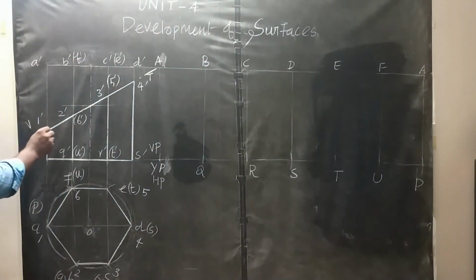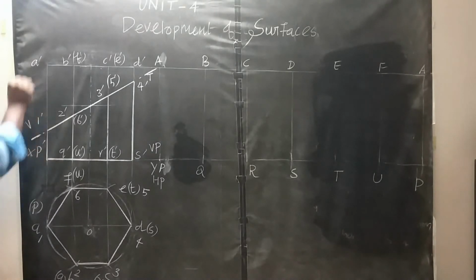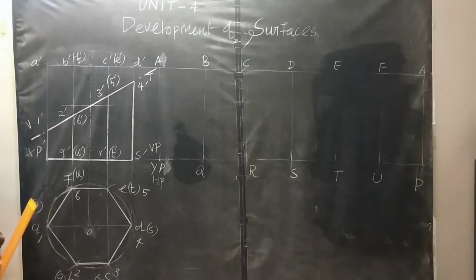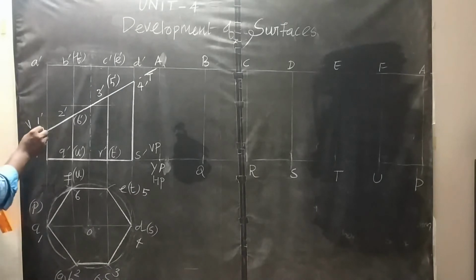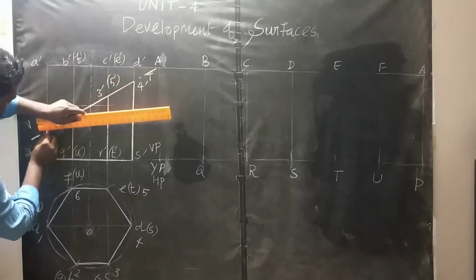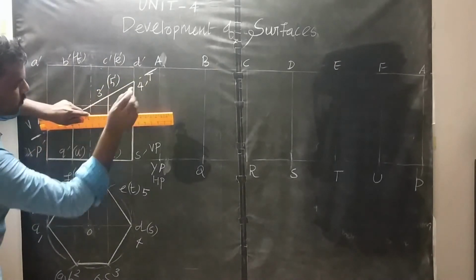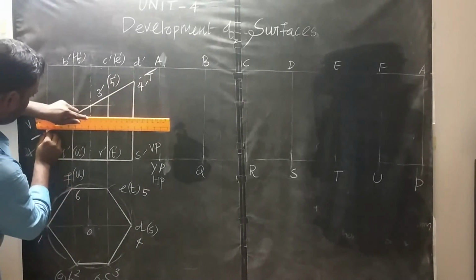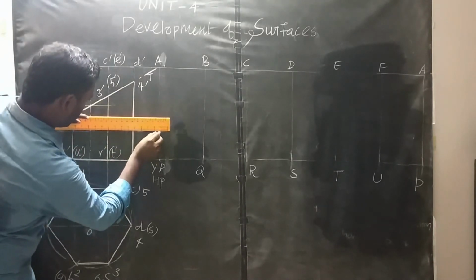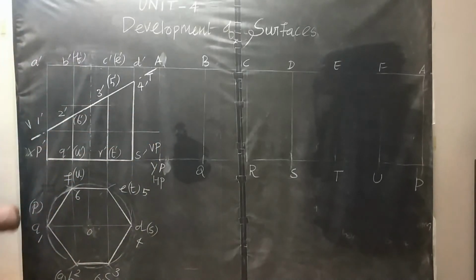Now the point number 1 dash lies on the P dash A dash lateral edge. So project this point 1 dash up to the corresponding lateral edge. Use a 2H pencil for projection.